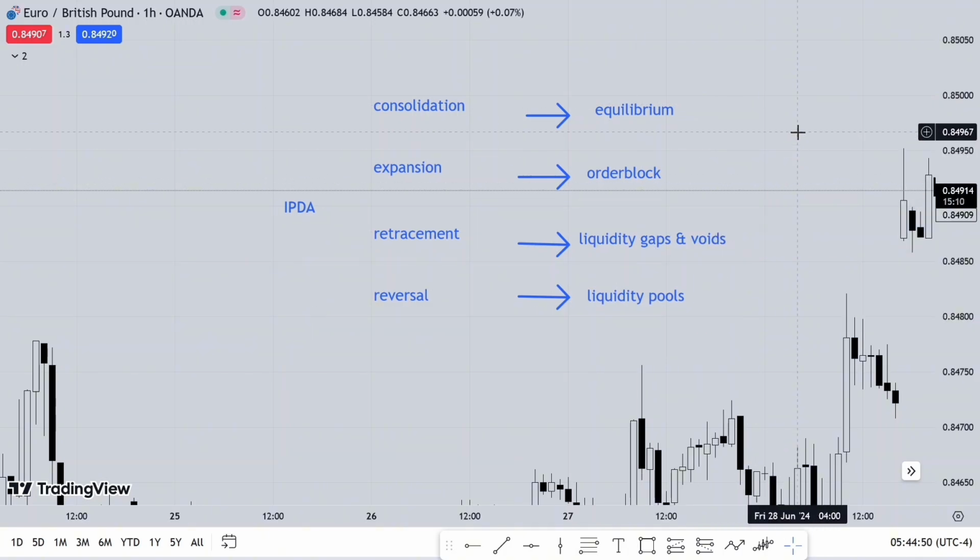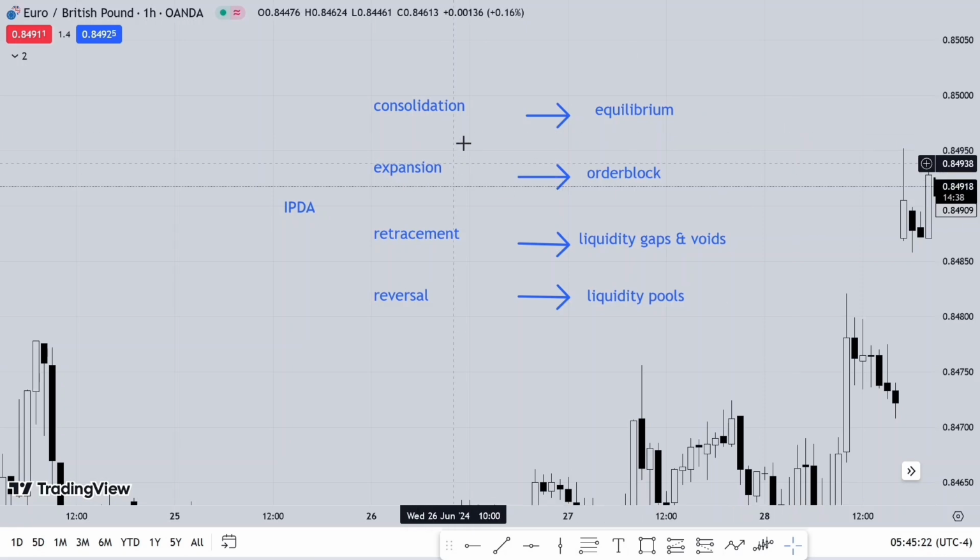And this is the framework that you use to practice. So I would want you to go into a body of price action, looking at the marketplace like this, looking at price action like this. This is how the IPDA presents itself, either in a consolidation phase. After that consolidation phase, it goes into an expansion, and after an expansion, it goes back into a consolidation or a retracement or a reversal.